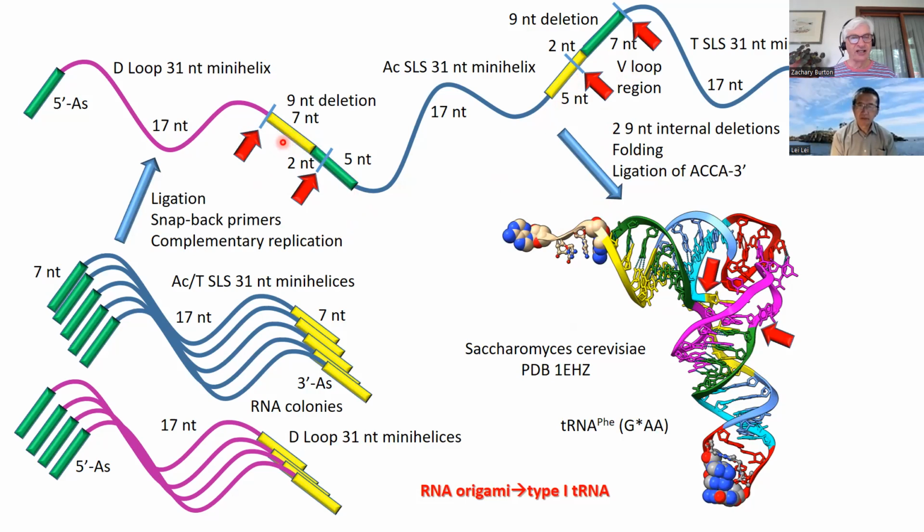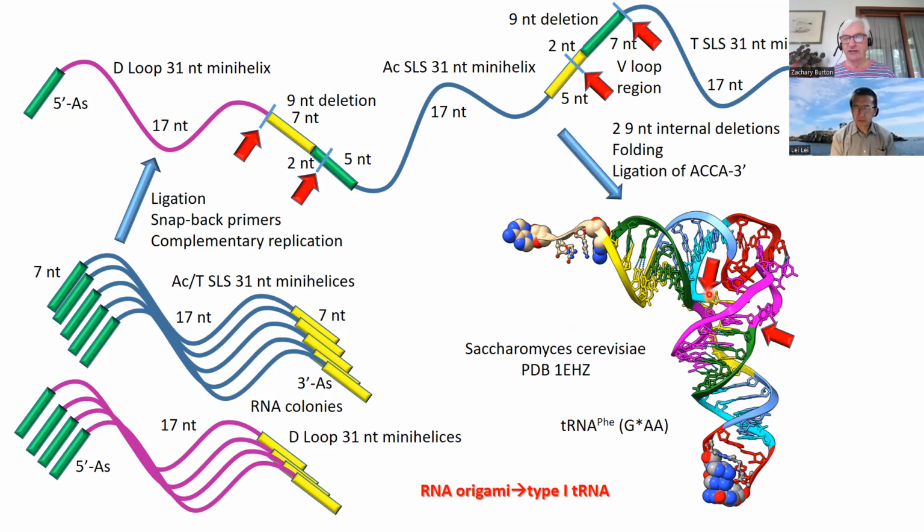So right here, you have 7 nucleotides in yellow plus 2 in green, and that's a deletion of 9. And you're left with 5 green. These 5 in green correspond to these 5 in green here. And on this side, you have a 9 nucleotide deletion between these 2 red arrows. 7 nucleotides green disappear and 2 nucleotides yellow, and you're left with 5 nucleotides yellow.